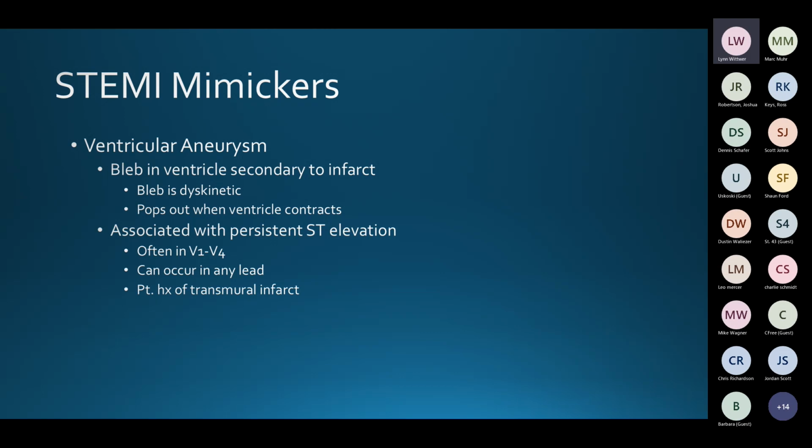And the bleb occurs when there's actually a full transmural infarct, and the ventricle is weak at that point, and it bulges out, especially when the ventricle contracts and there's a pressure.